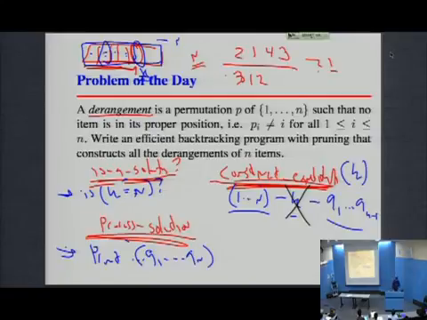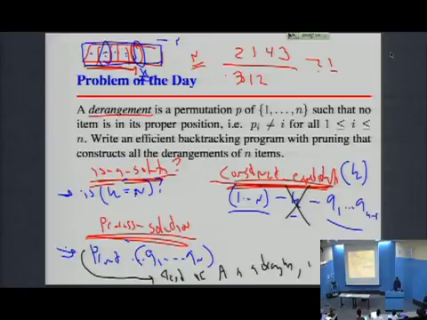Then when I process the solution, before I print it, I could test if A is a derangement. If so, then print it.